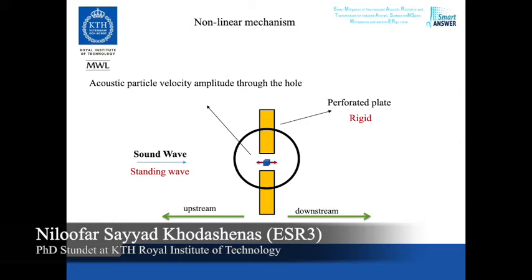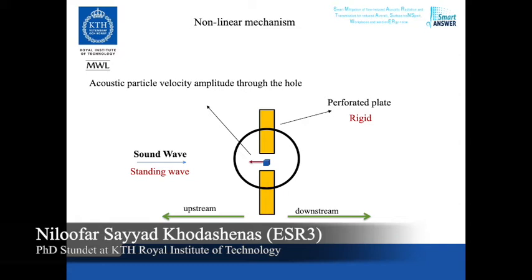And in upstream, we have sound source, which produce a sound wave, which is a standing wave. At some point, this sound wave meet the perforated plate, and then we have an acoustic particle velocity amplitude through the hole. But remember, we are in a linear regime, so all this energy will transfer to viscous losses.